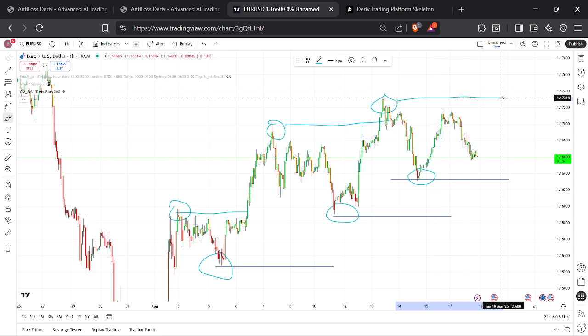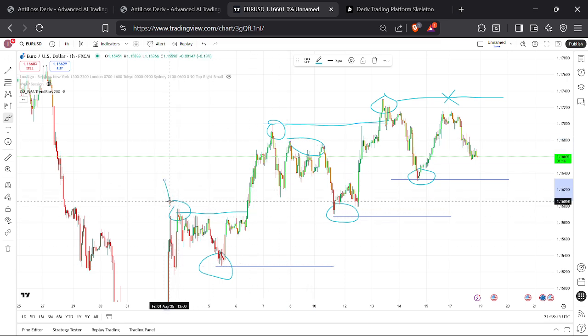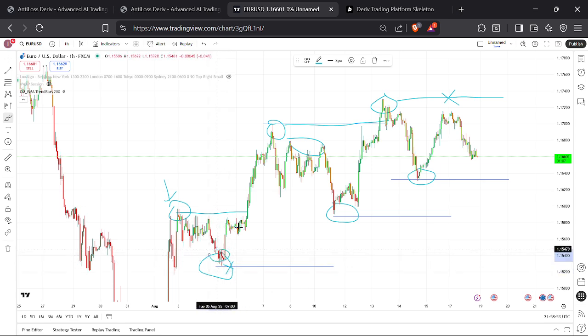Okay, so this one has not been taken out, and that's very important for us because it will help us to identify where the strength has switched in the market. Okay, now we also had these highs being taken out. You see the highs are being taken out, but the lows are not being taken out. It means that these lows are being protected every single time.